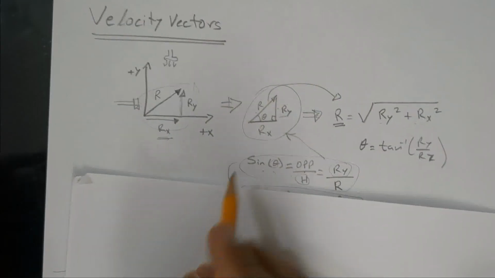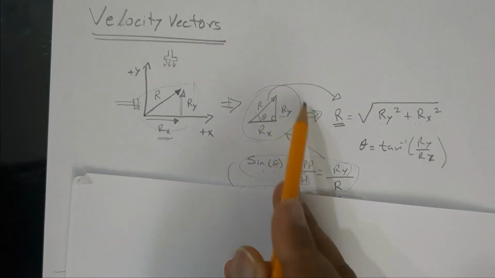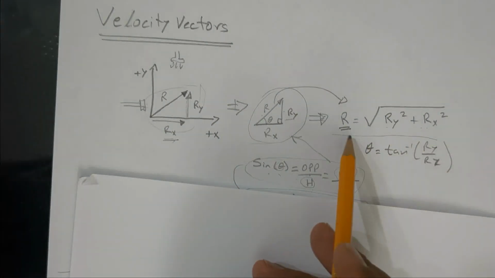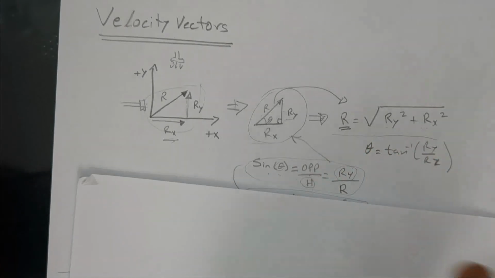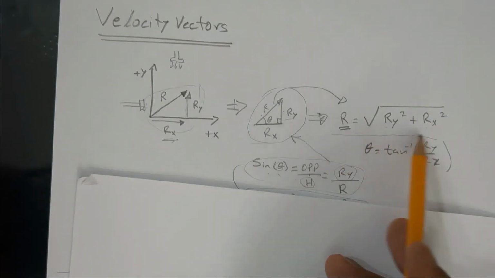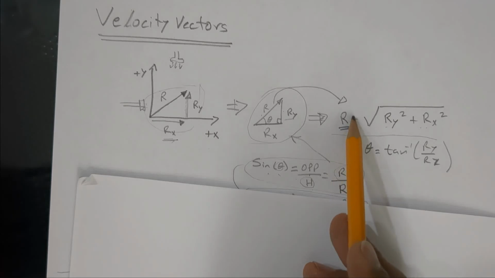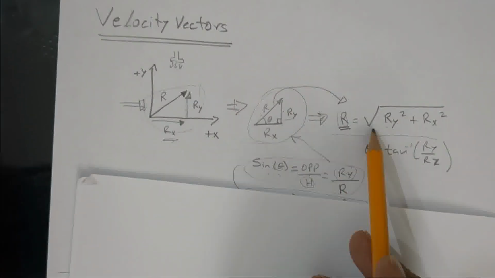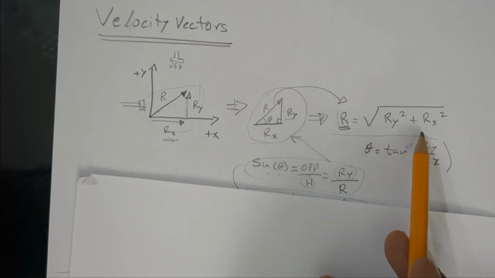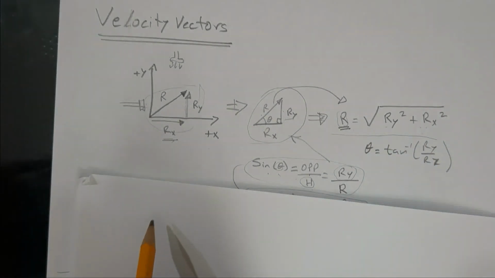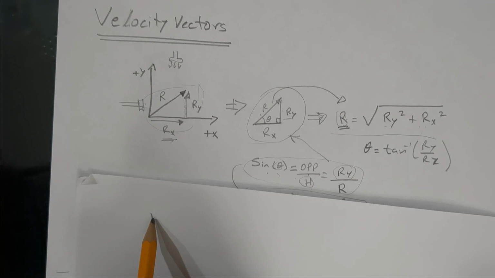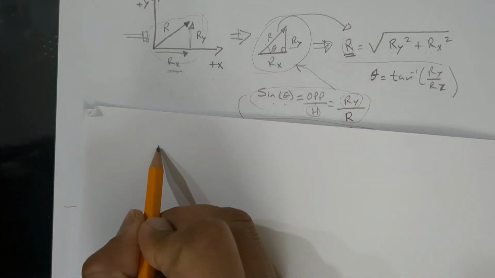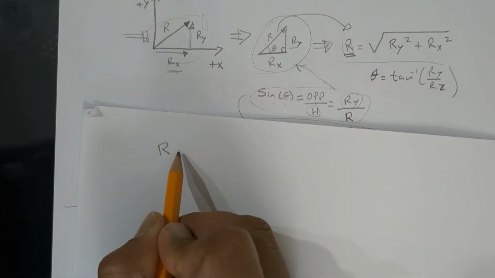Remember when we discussed a right triangle and this equation right here? If you know all the components, it should add up, and the resultant vector should be the square root of the sum of both components squared. So let's write the equation here, and then we can do it together.